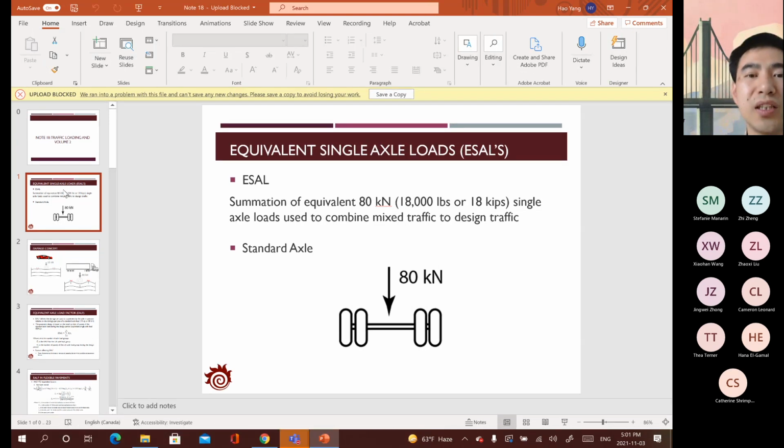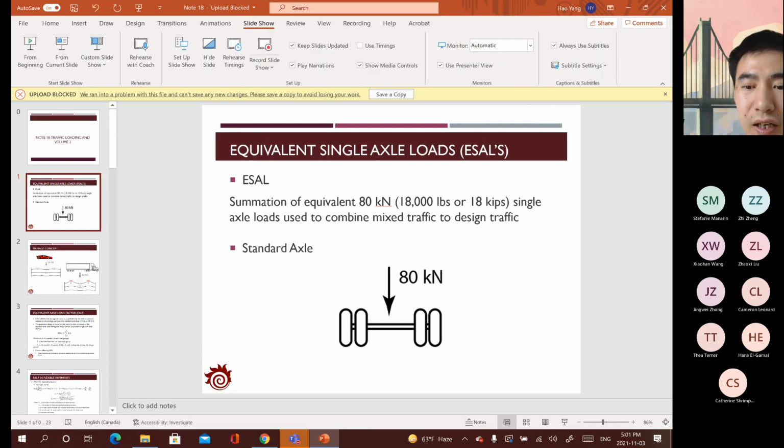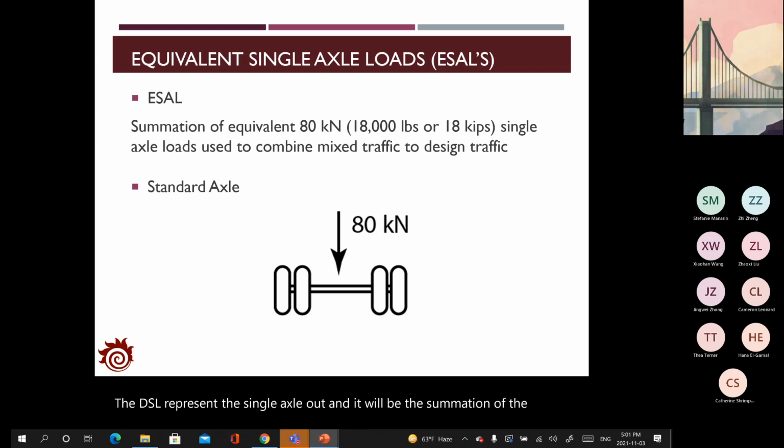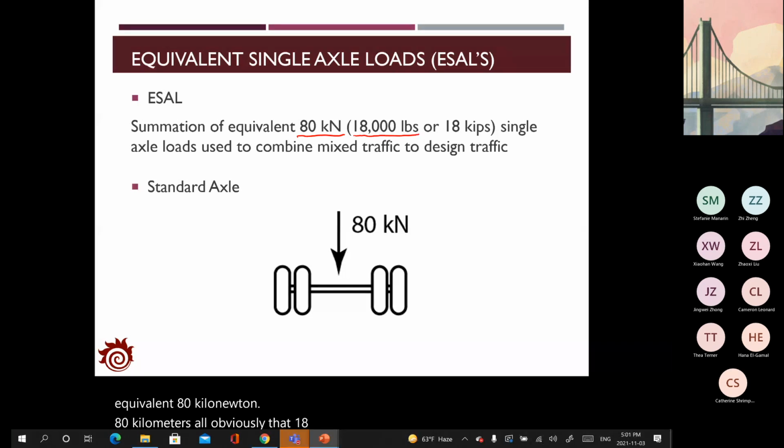Basically, ESWL represents the equivalent single axial load, and it will be the summation of the equivalent 80 kilonewton, or we say 18,000 pounds single axial load, to measure the mixed traffic for the pavement design.